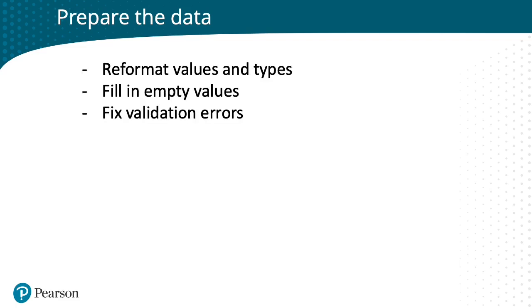We talked about this just a little bit in the last section on data analysis, but this is where we'll reformat any values or types. For example, maybe you have a string coming in your data, but you actually need it to be some type of numerical type.